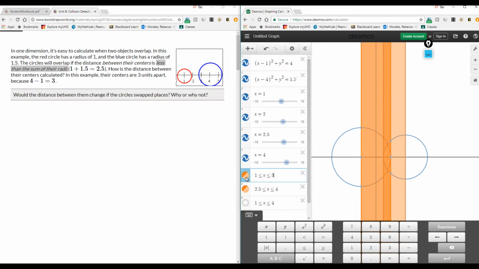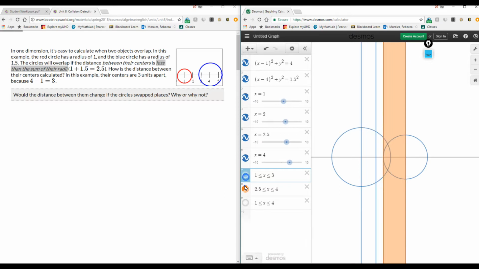Now if I do this, then the distance between the two circles is less, because if you'll notice, this is just one straight distance, but these two, it's the straight distance plus that overlap.